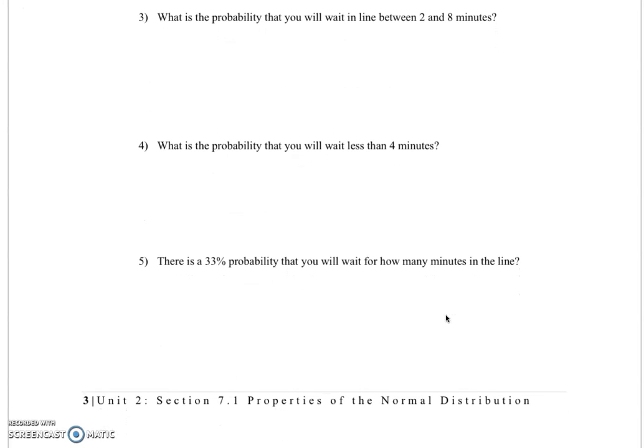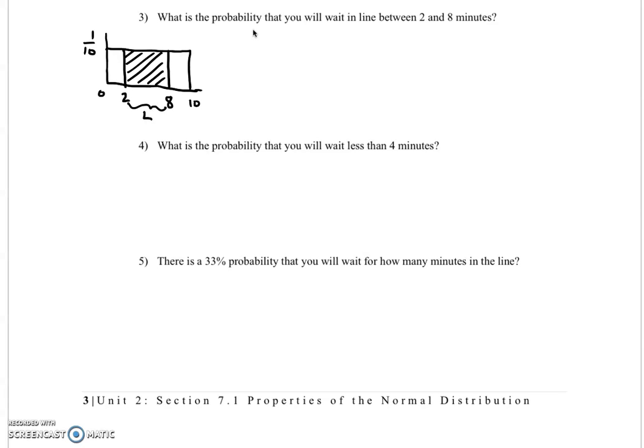What's the probability we wait in line between 2 and 8 minutes? Okay, draw our picture. So we have 10 minutes, 0, 1 over 10. Put a line for 2 minutes, put a line for 8 minutes, and we want in between. So let's shade that rectangle.